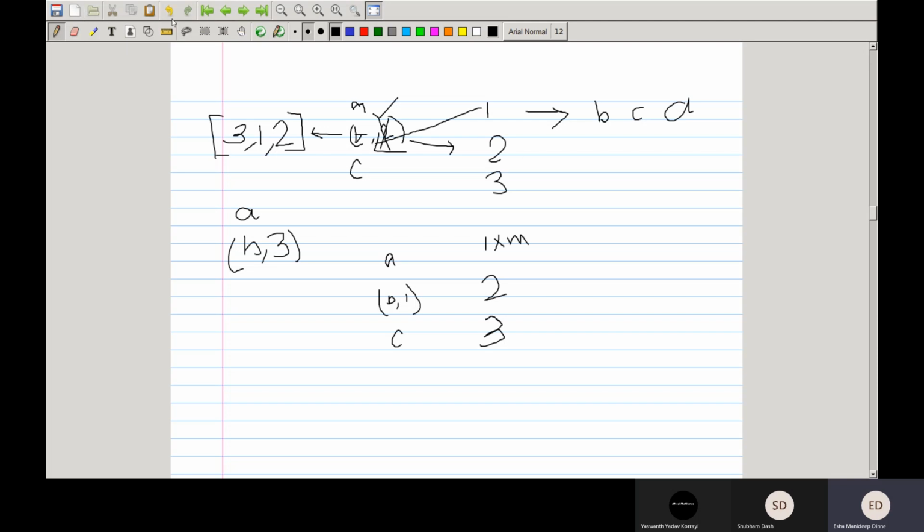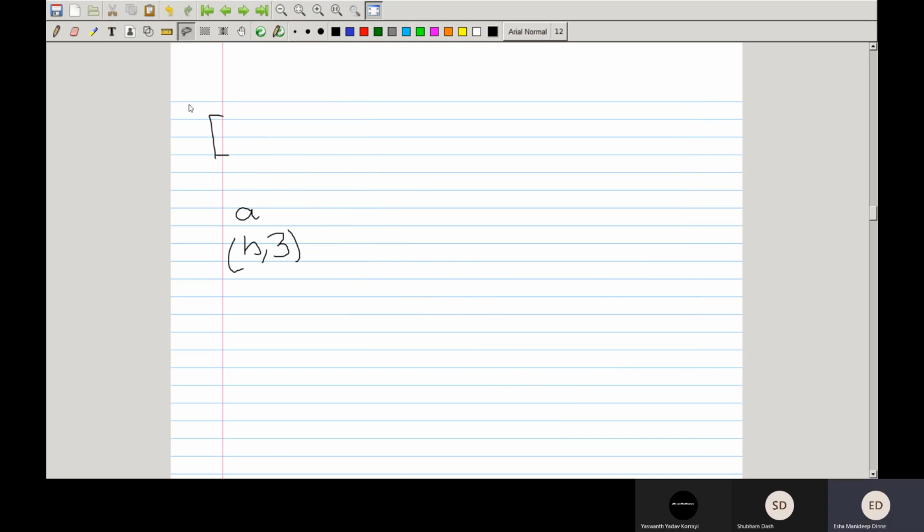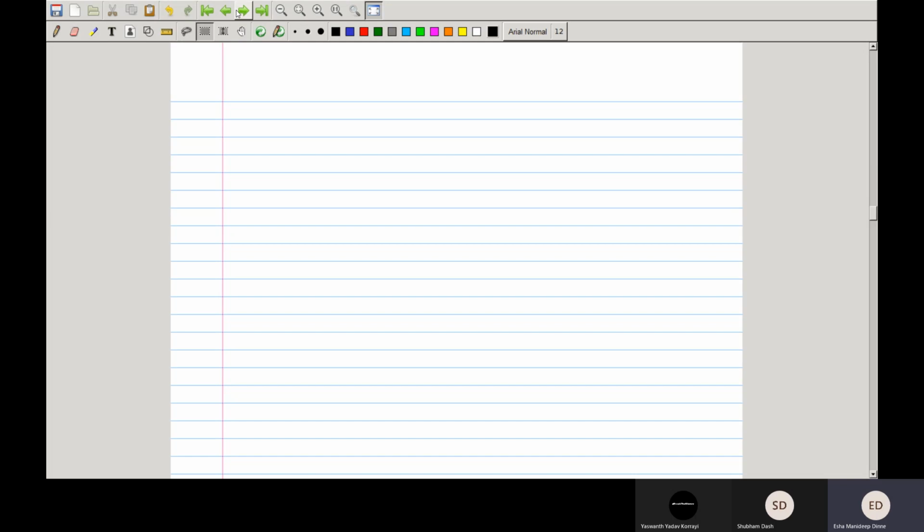So okay, let me just do a full run of this. Initially you have women to be A, B, C, and then preferences.